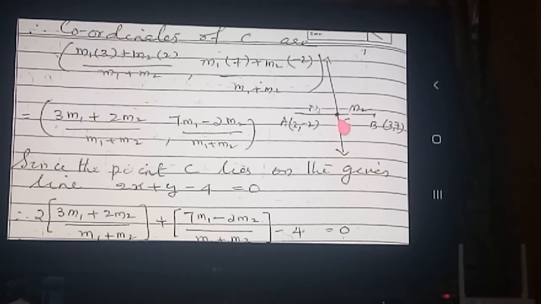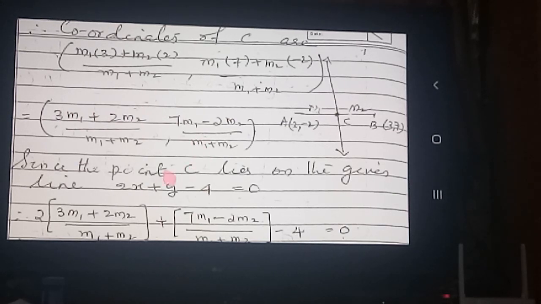Which is the section formula? m1 x2 plus m2 x1 divided by m1 plus m2, m1 y2 plus m2 y1 divided by m1 plus m2. So you apply this formula here to find the coordinates of C.